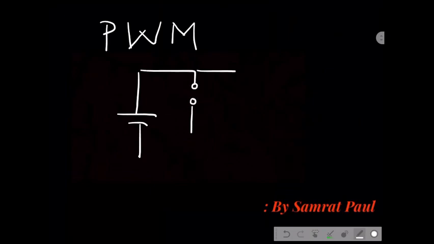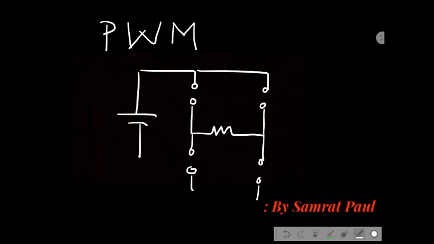Actually, we know the simple inverter circuit, which is constructed in this way. Here is a switch, here is another switch, the load is connected over here, and another switch is here and the other switch is here.